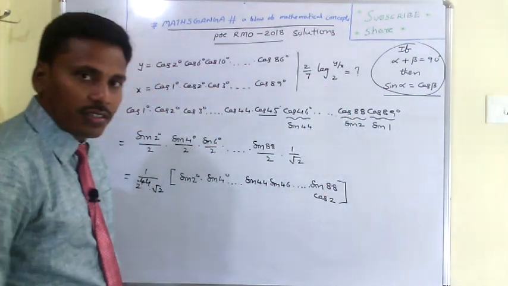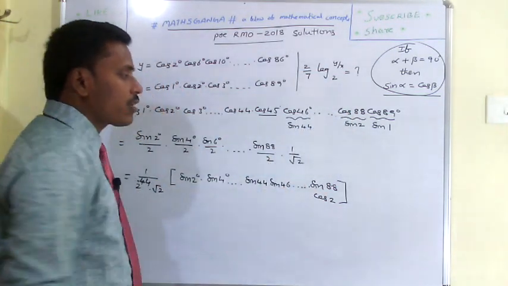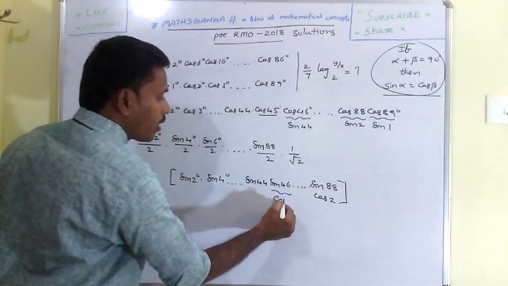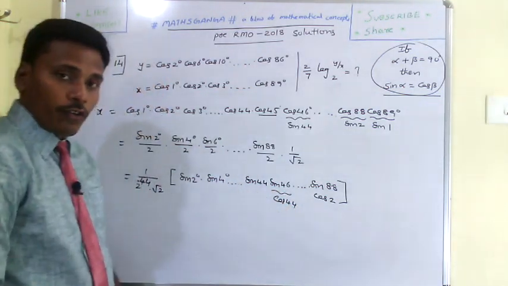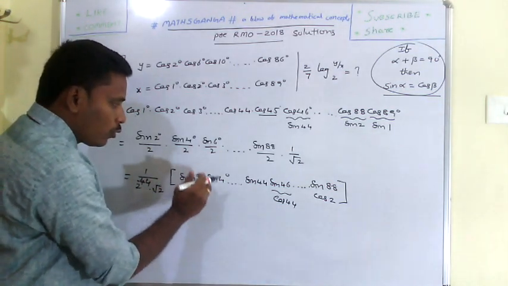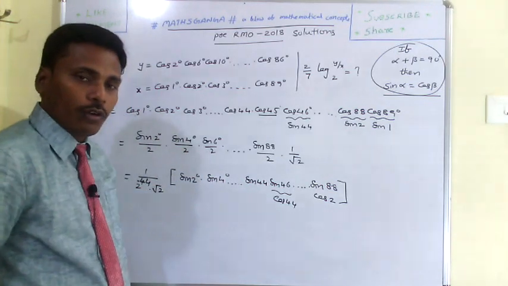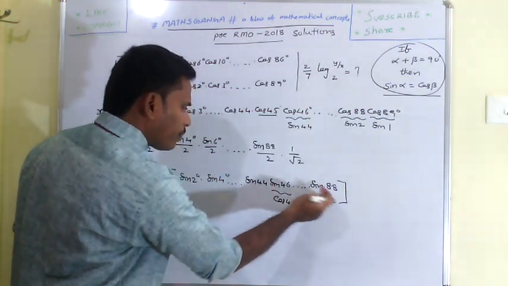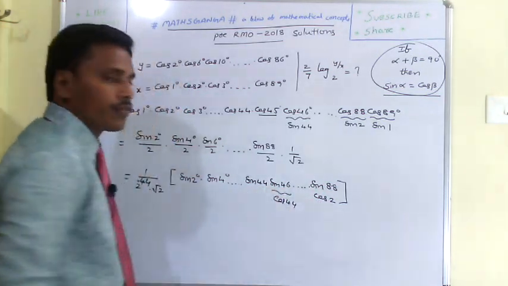The term before it is cos 4 in the same manner, and sin 46 is nothing but cos 44. From the left you have sin 2, sin 4, sin 6 up to sin 44, and from the right cos 2, cos 4, up to cos 44.